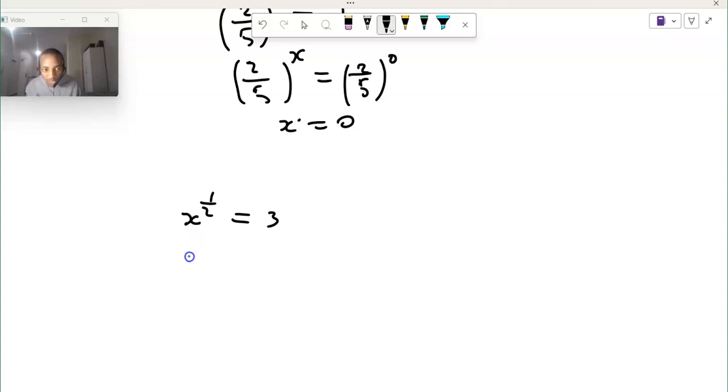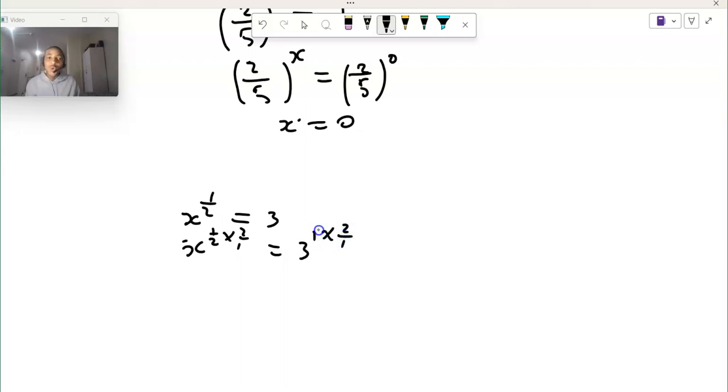So x is equal to 1 over 2 times 2 over 1 is equal to 3 to the power 1 times 2 over 1.